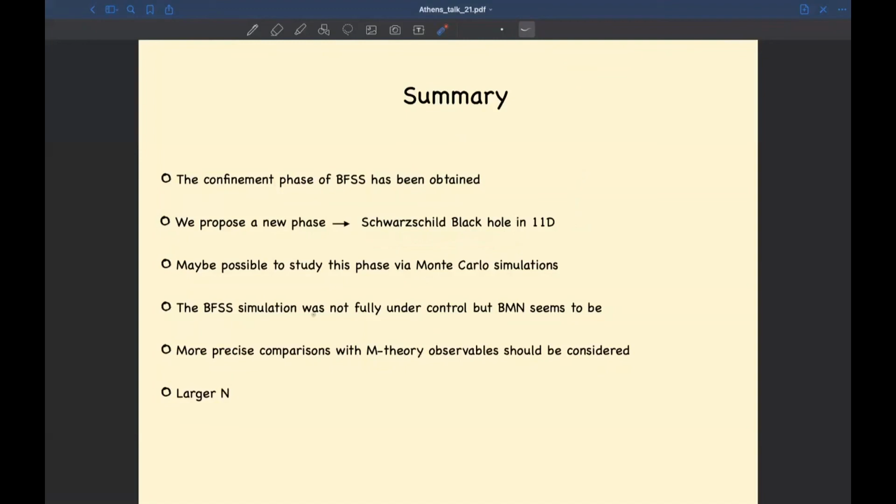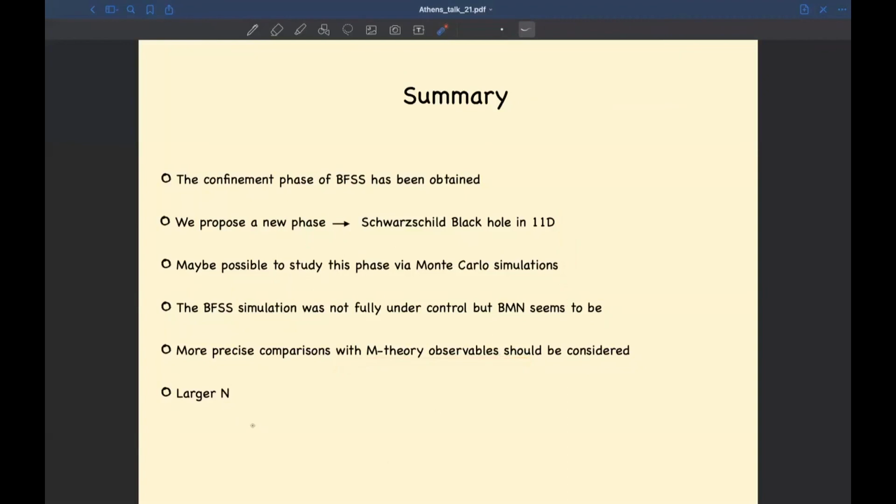One caveat was that the BFSS simulation was not fully under control because of the flat direction problem. On the other hand, the BMN model seems to be better under control because it has the mass term. But to see if this claim holds, we should do much more precise comparisons with M-theory observables, and this requires quite a lot of work.